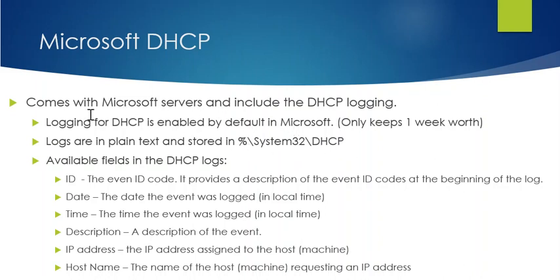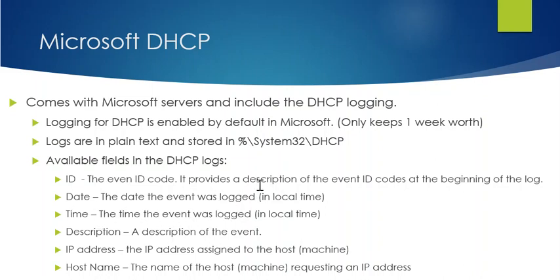You have to realize too, the default only keeps 1 week worth of data. So if you want it to keep more than that, you're going to have to go in and make that change. Some of the fields that are included are listed here. We've got the event ID code, the date the event was logged, the time the event was logged, and description.